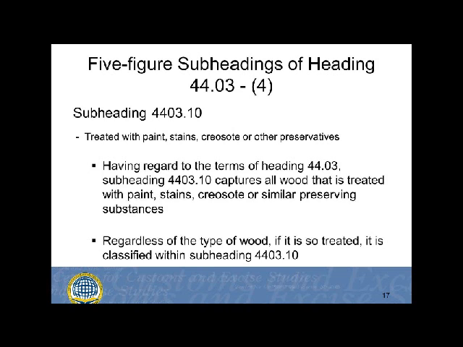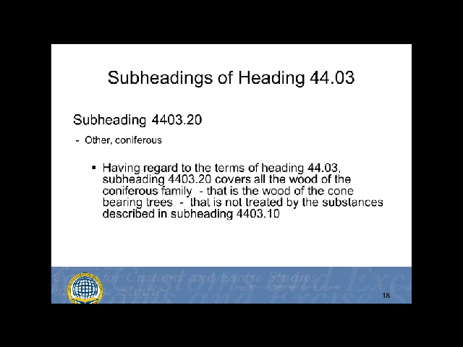That's the first description to get past. Once the products of subheading 440310 have been accounted for, the next step is to examine what is covered by the terms of subheading 440320, which is the next one-dash subheading. Again, having regard to the terms of heading 4403, subheading 440320 indicates other coniferous.